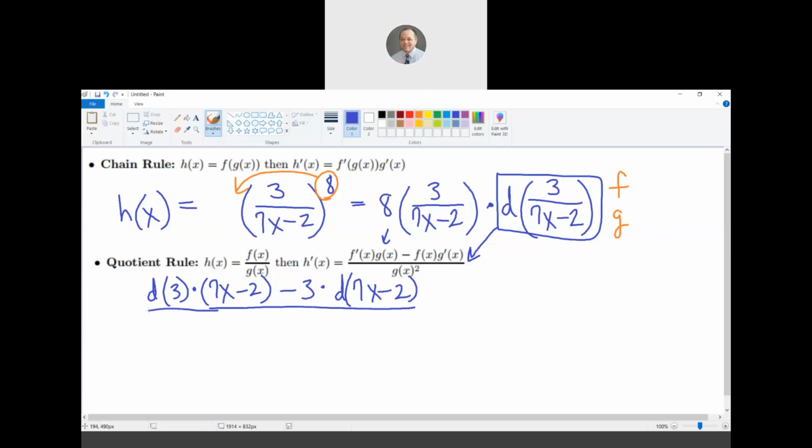And that's all over g of x quantity squared, or 7x minus 2 quantity squared.